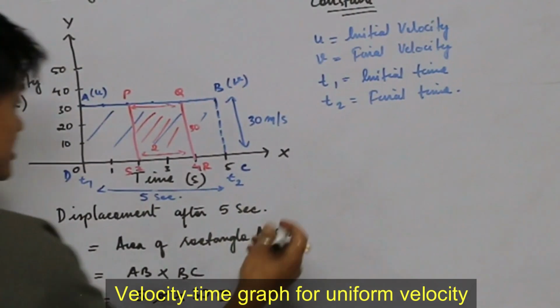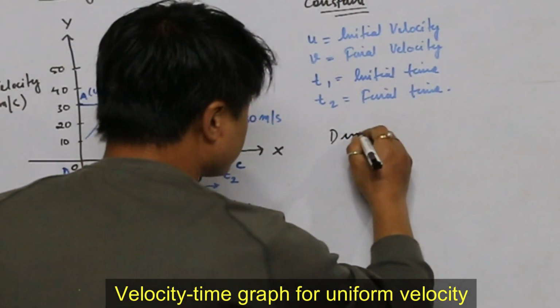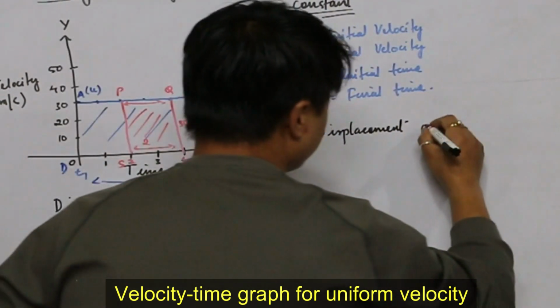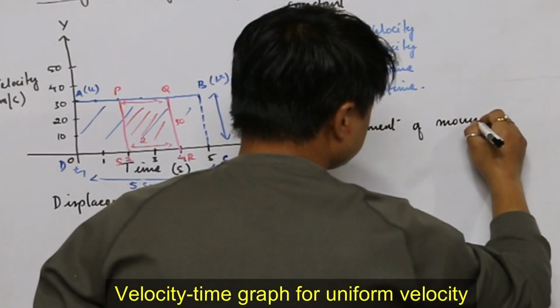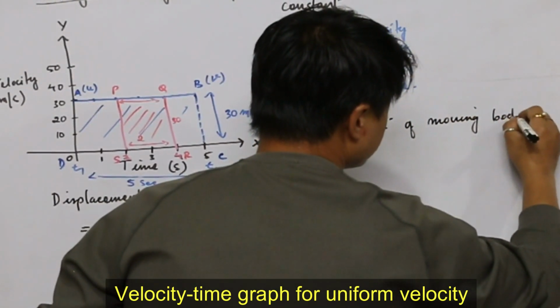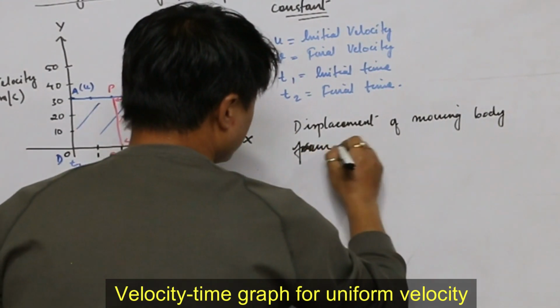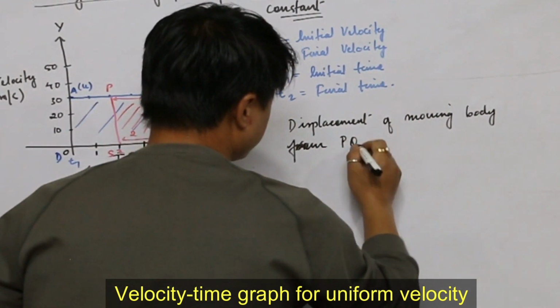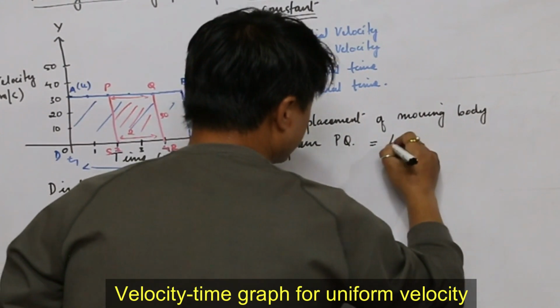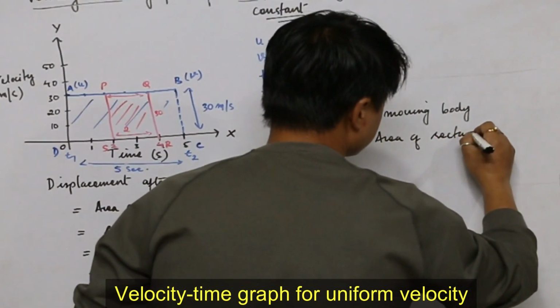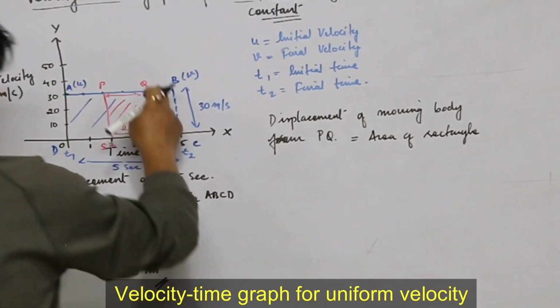Okay, let's find the displacement of the moving body from P to Q. From P to Q it is the area of a rectangle. What is the rectangle?